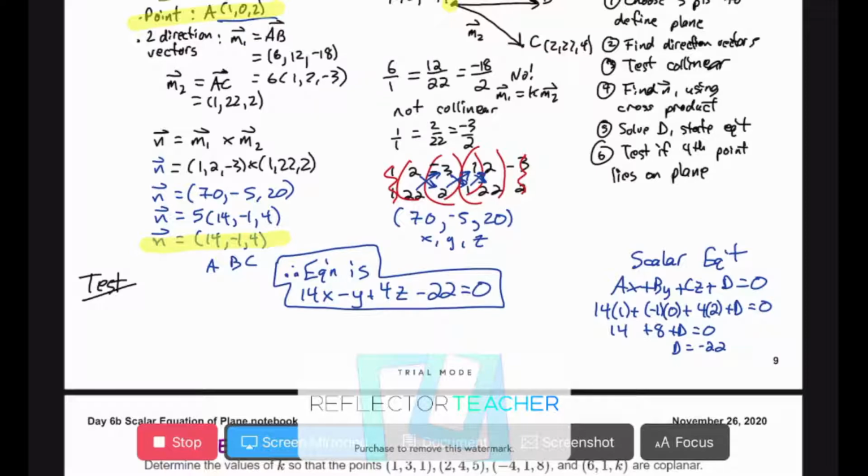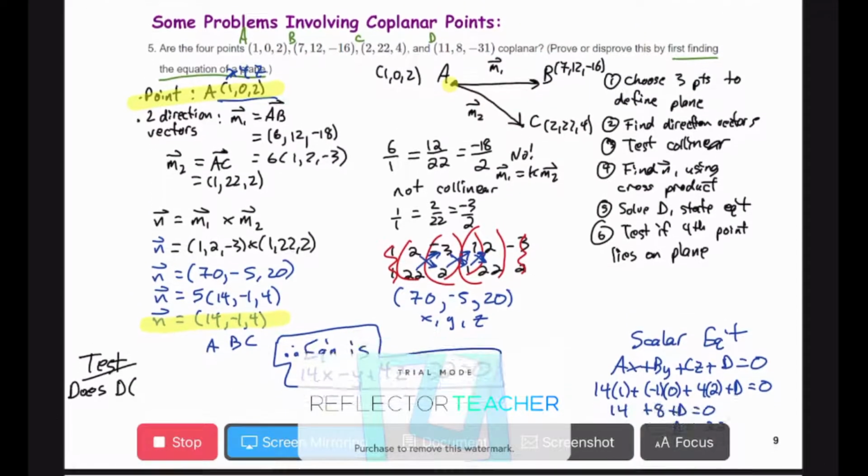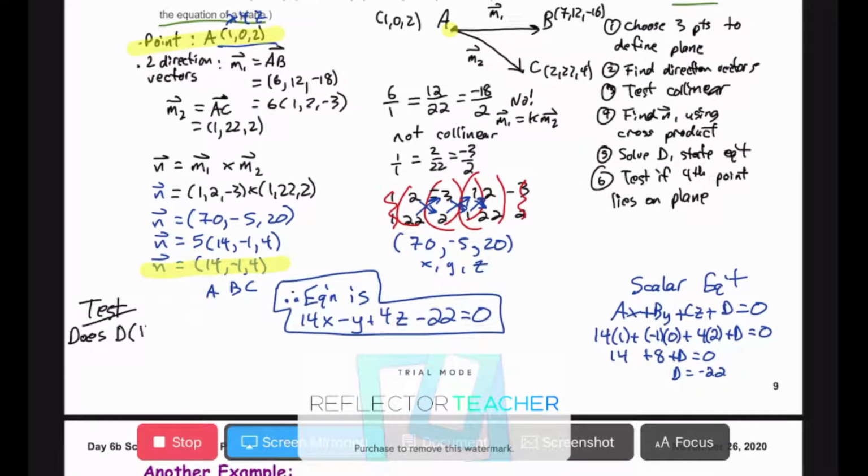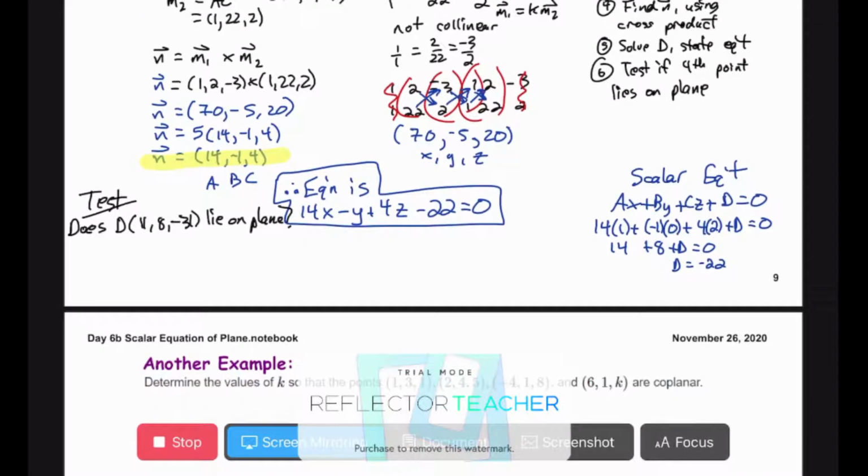Test. Does point D, which had the coordinates 11, 8, and negative 31, lie on the plane? I'm running out of room here, but I think I'll have enough room. If D lies on the plane, then this value must satisfy our equation.